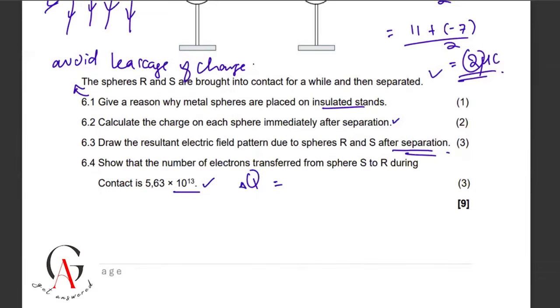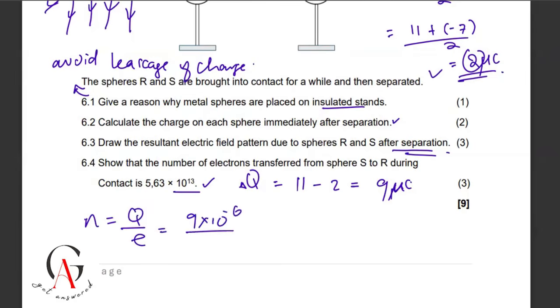So change in charge, we're going to get 11 minus 2, which gives us 9 microcoulombs. Okay, it can be positive or negative. Then for us to get the number of electrons, we're going to get Q over e, which is 9 times 10 to the negative 6 divided by the electron charge, 1.6 times 10 to the negative 19.